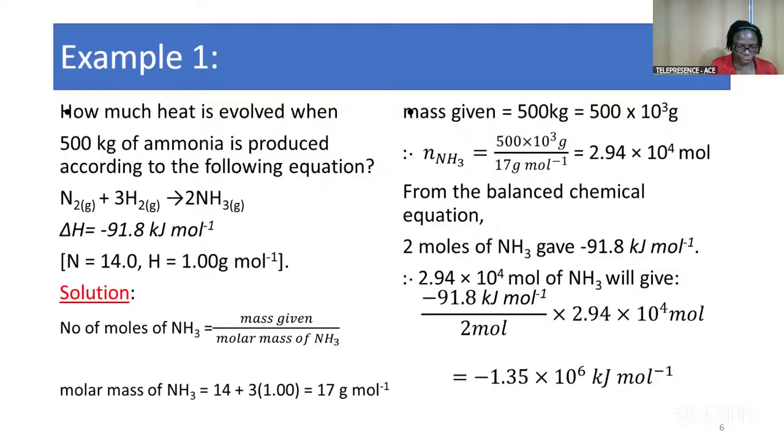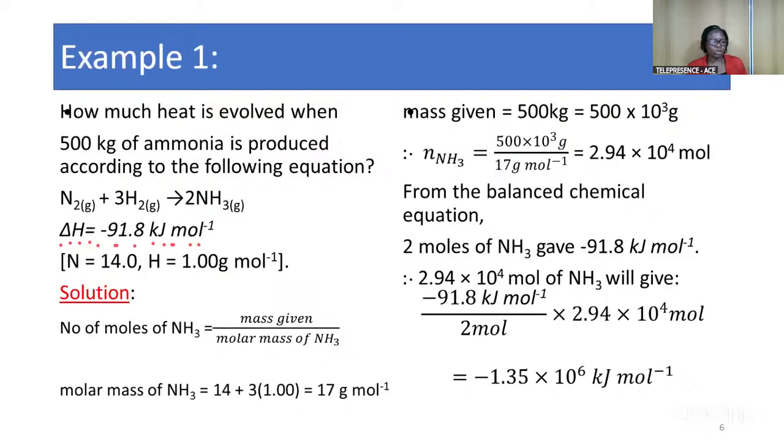Now, delta H given here is minus 91.8 kilojoule per mole. So you've been given the atomic masses of the elements involved, nitrogen and hydrogen.